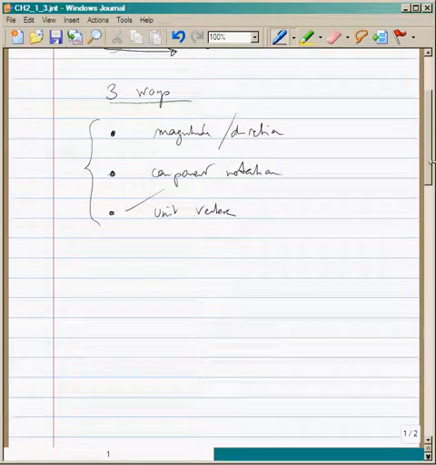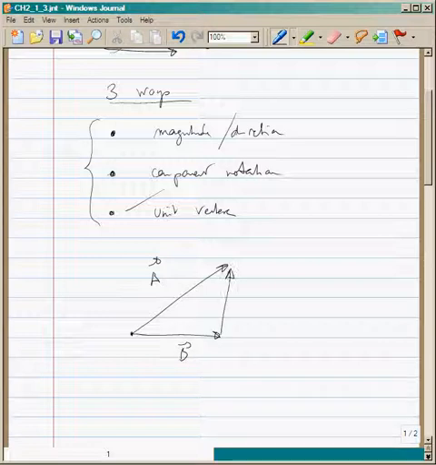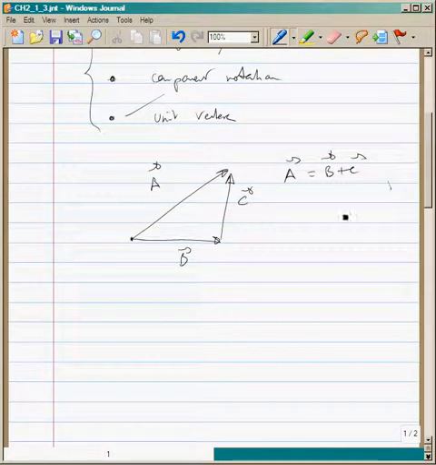Before we start, let's go over a couple of properties. For any vector A, you can always decompose this vector into n other vectors. So for the case of two vectors, I can start with vector B and then vector C. So I can write that A is equal to B plus C. Or I can decompose it in more than two.